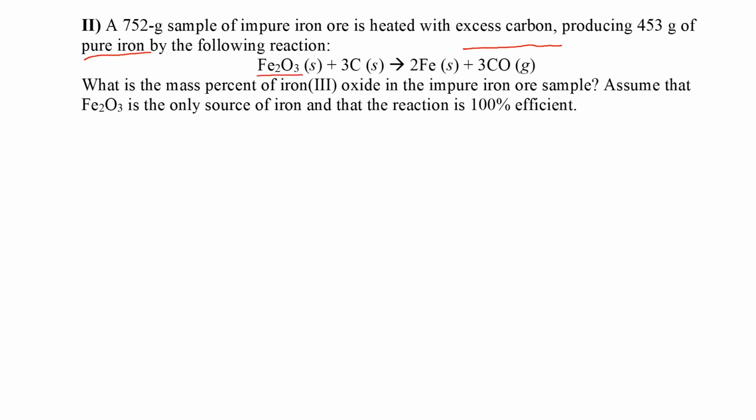We have iron oxide, Fe2O3 solid, that reacts with carbon solid to give iron solid and carbon monoxide gas. This reaction happens at very high temperature, and actually this carbon monoxide is further oxidized to give CO2. But for this problem, we just stop at the step where we get carbon monoxide. So let's analyze this problem.